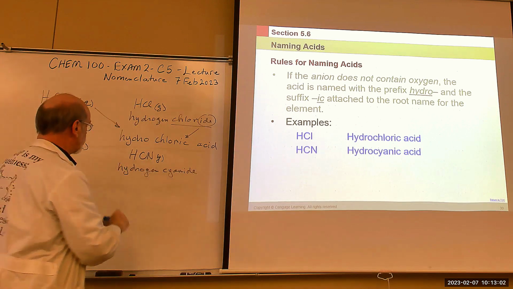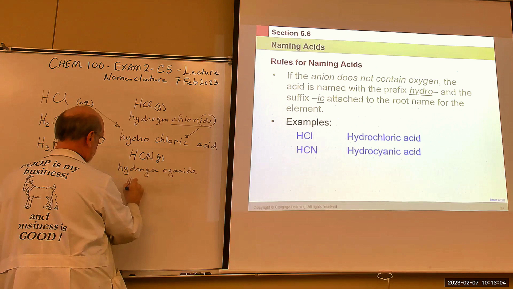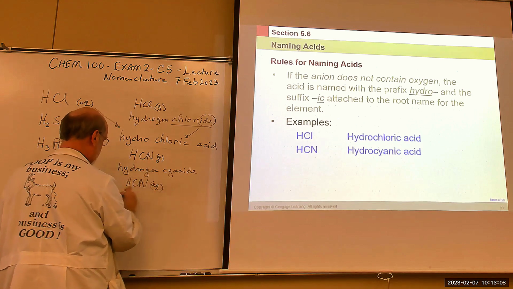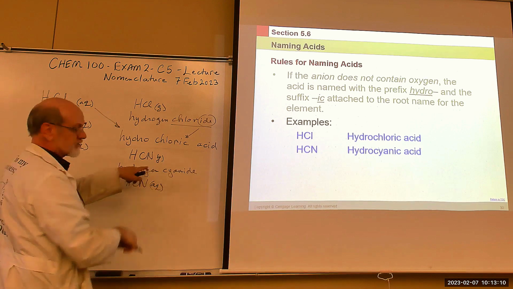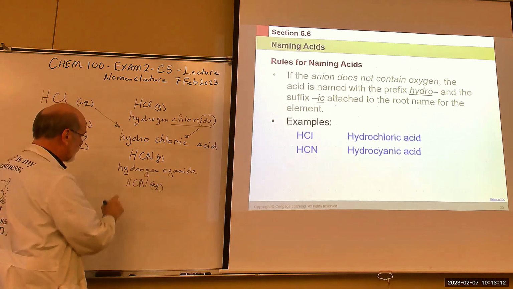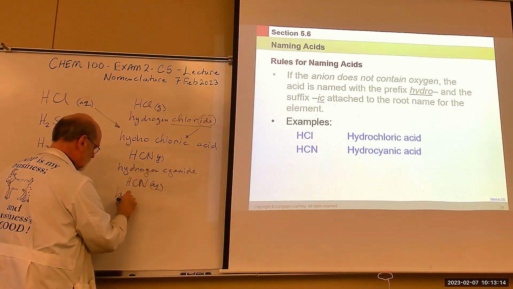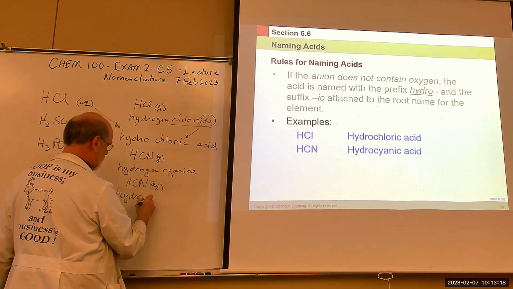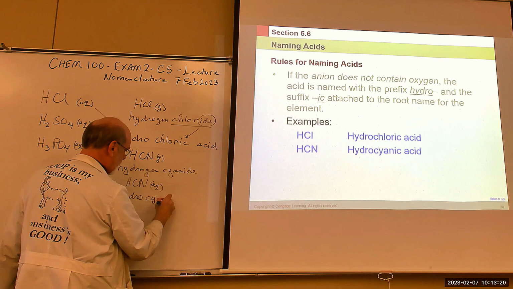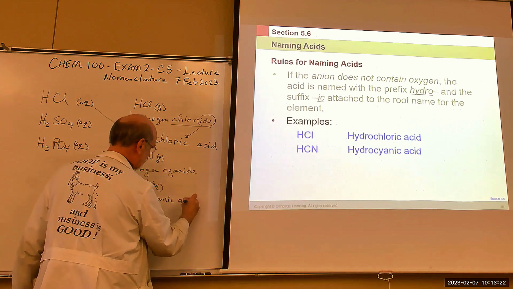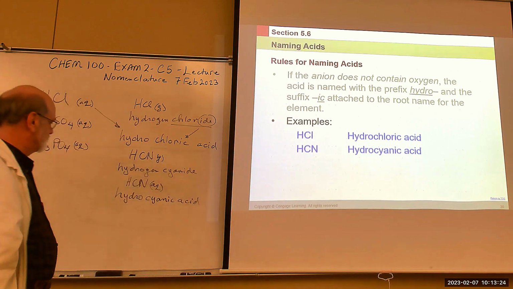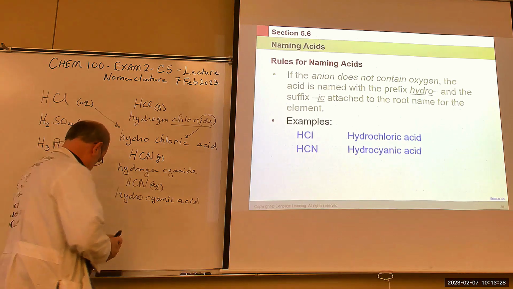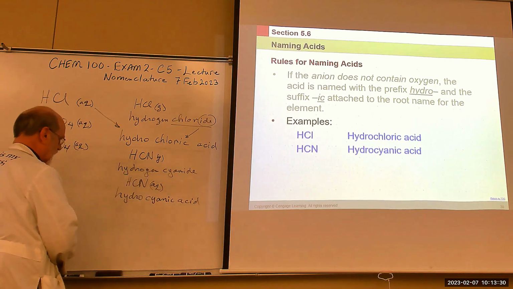But if we dissolve it in water, now, since there's no oxygen, we start the name with hydro. And then cyanide becomes ic, hydrocyanic acid. All right. Try another one.